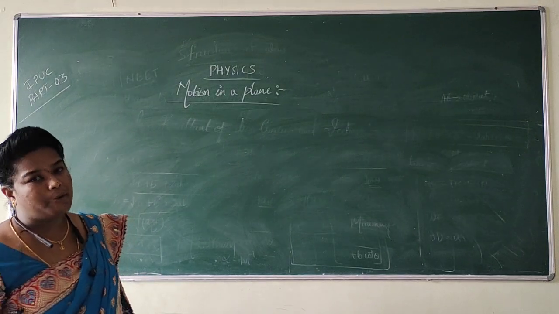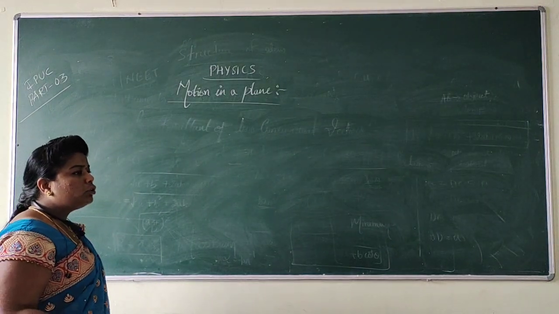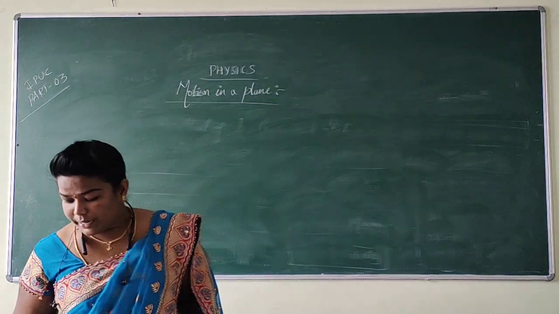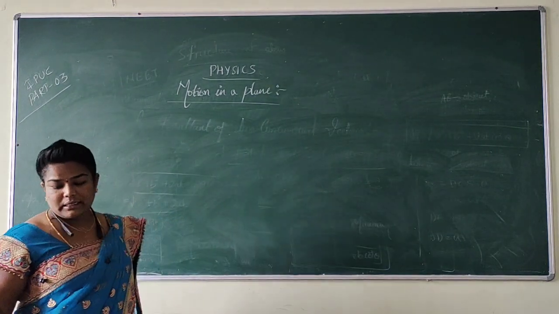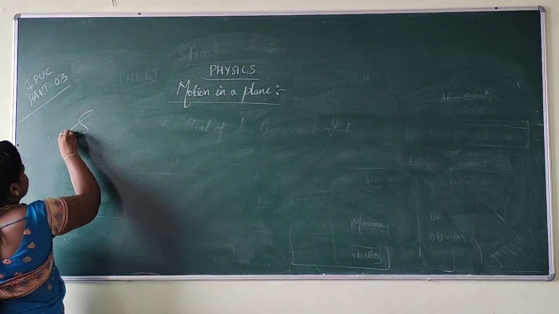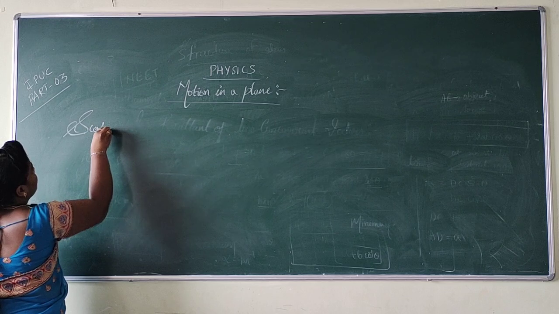While doing the product, we have two types: one is the scalar product of two vectors, and another is the vector product of two vectors. My dear students, first let us discuss the scalar product.